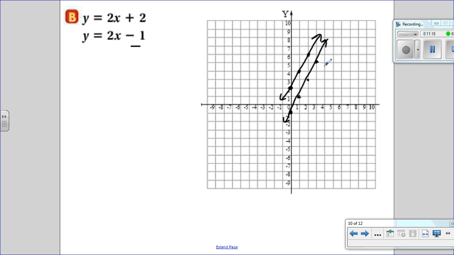So what you see is these lines are parallel to each other, which means that they will never intersect each other. So when the lines never intersect each other or are parallel to each other, they have no solution. So again, never intersect each other, no solution.